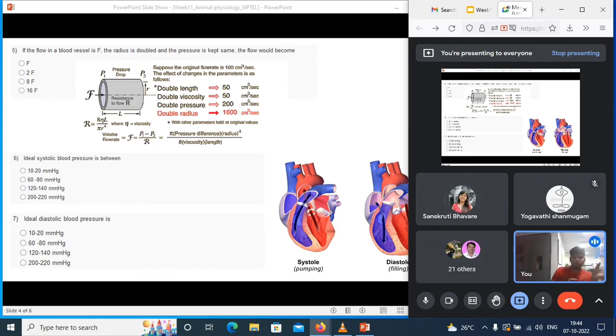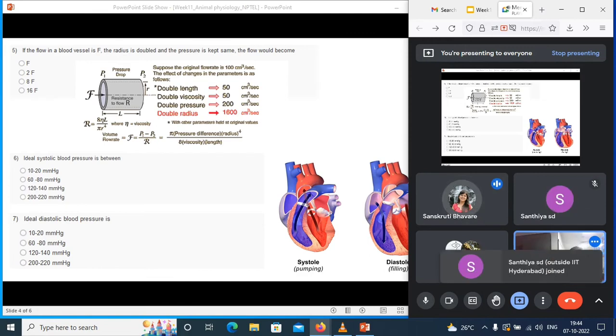So the only thing that is going to change is your radius. The question says the radius is doubled, so just put 2r in place of the radius, and it is the fourth power, right? So it will be 16 times basically, because apart from that all are constant.